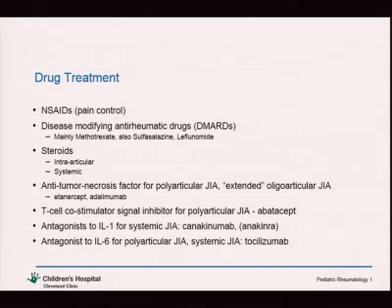In terms of the biologic medications, the anti-TNF or tumor necrosis factor medications, and they come in various forms these days, are characteristic of use for polyarticular JIA, extended oligo JIA, so those patients that start with less than 5 joints and then after 6 months extend to have more joints and act like a polyarticular patient.